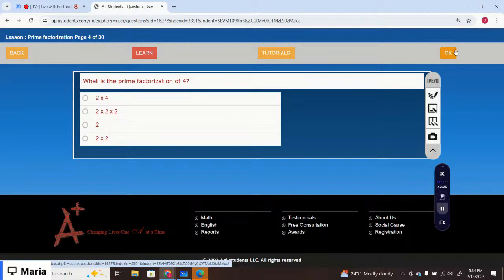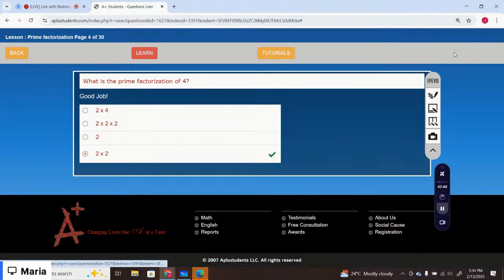What is the prime factorization of 4? The correct option is 2 times 2.